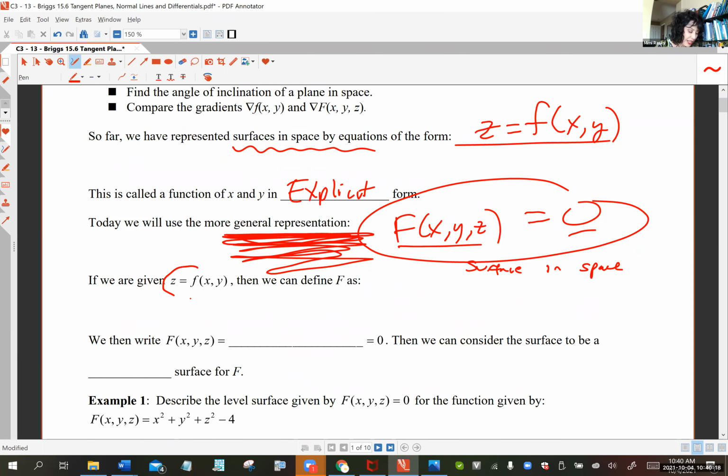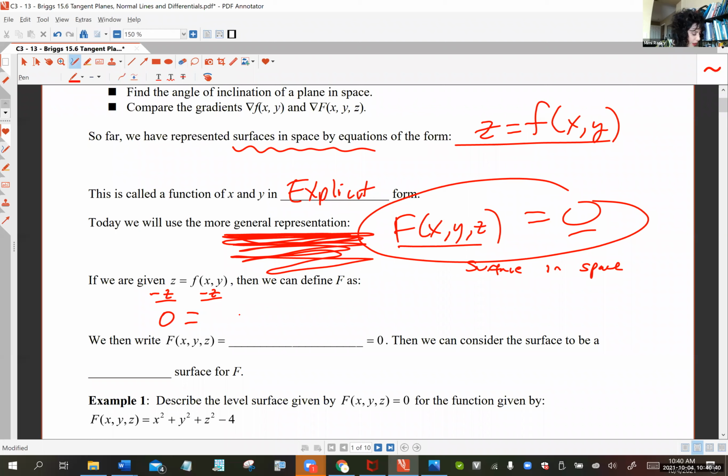Now, let's say you're given an equation in explicit form, so z equals little f. What you need to do before you do anything from this section is move the z to the other side so you get a 0 on one side of the equation. It's real easy to do this. You just subtract z from both sides of the equation, okay?